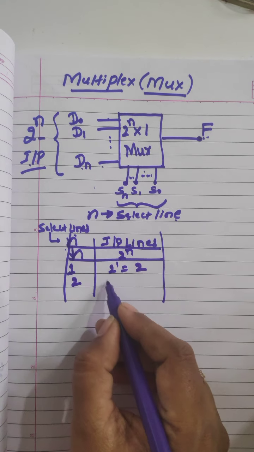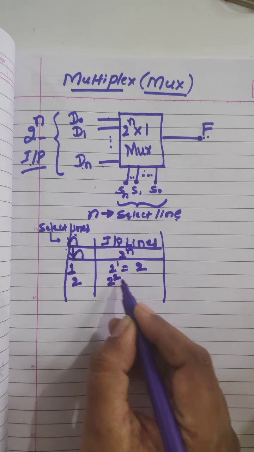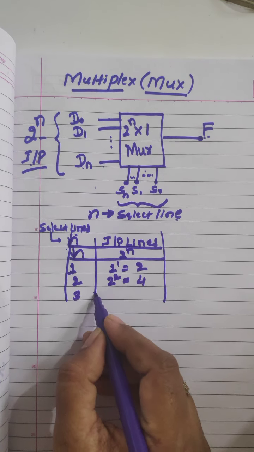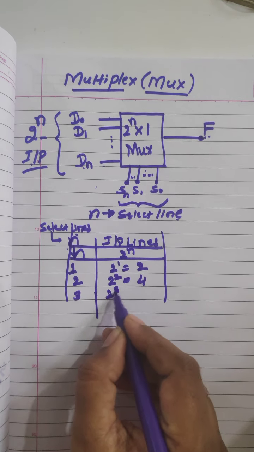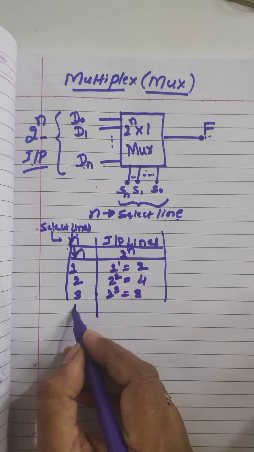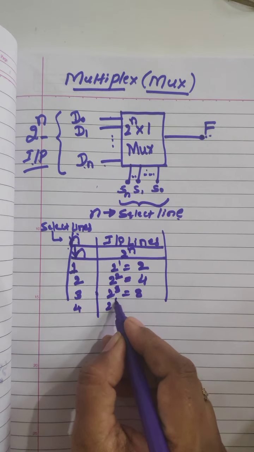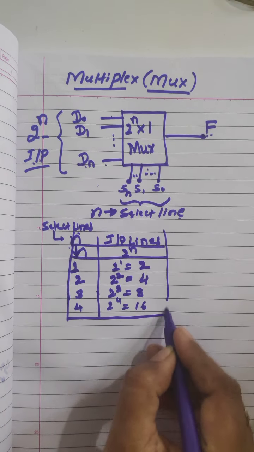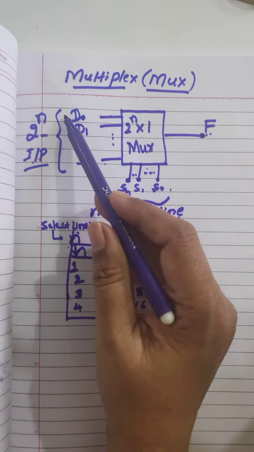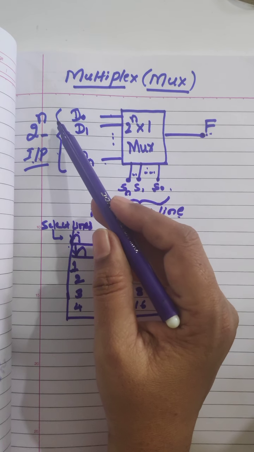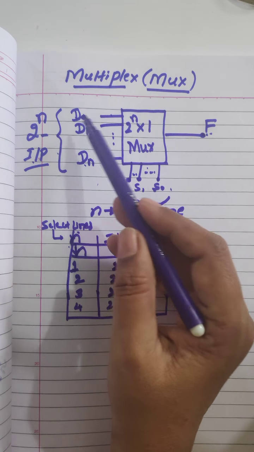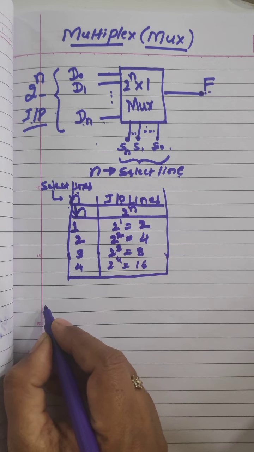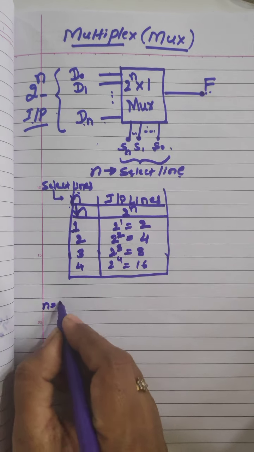If n is equal to 2, the number of inputs will be 2 raised to 2, that is 4. If n is equal to 3, 2 raised to 3 will be 8. If n is equal to 4, 2 raised to 4 will be 16. So based on the number of select lines, we have the inputs applied to the multiplexer.